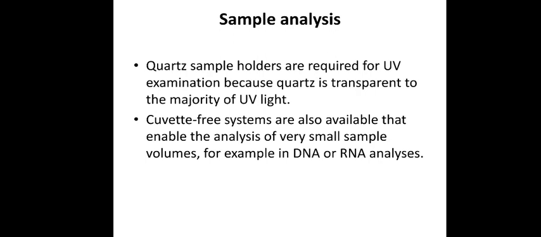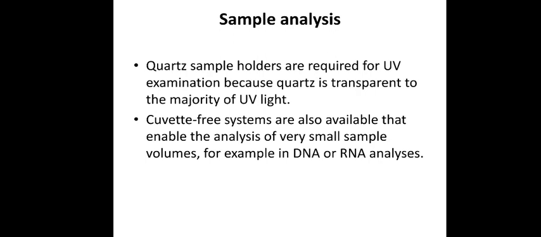That's why the sample holder should be totally transparent to the wavelength of light you have selected. So that's why quartz is used in UV spectrophotometers, because it is transparent.